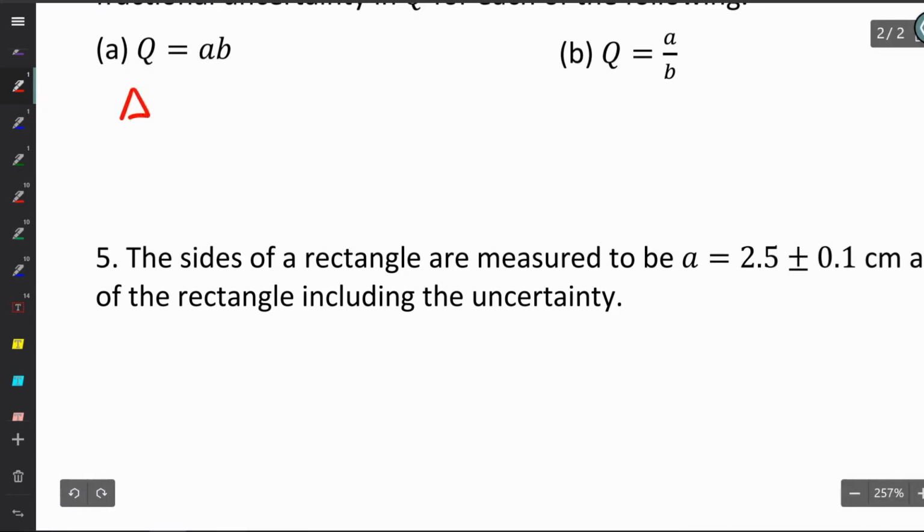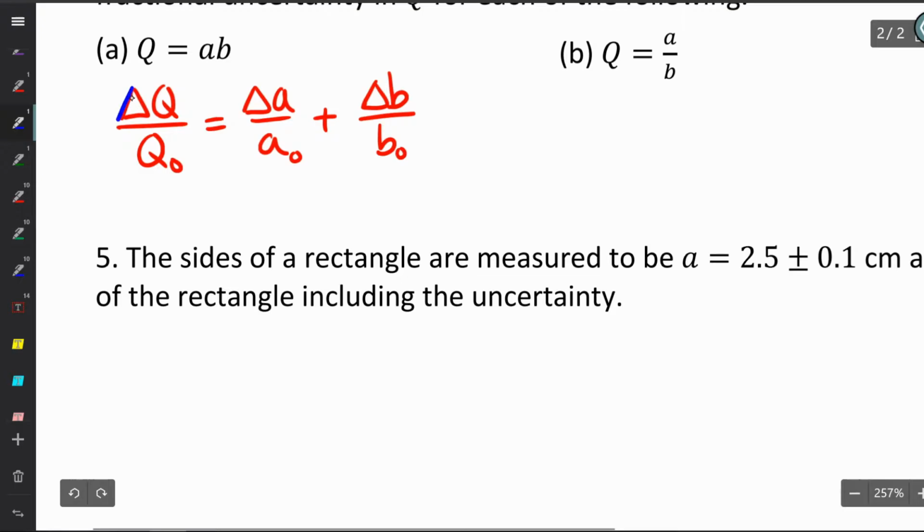We know that the fractional uncertainty of the quantity Q will be equal to the fractional uncertainty of quantity A plus the fractional uncertainty of quantity B. And this will eventually allow you to find the absolute error in Q if you want to. But this is the relationship that you use when you're multiplying and dividing.